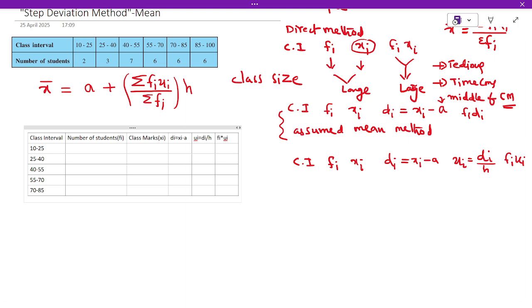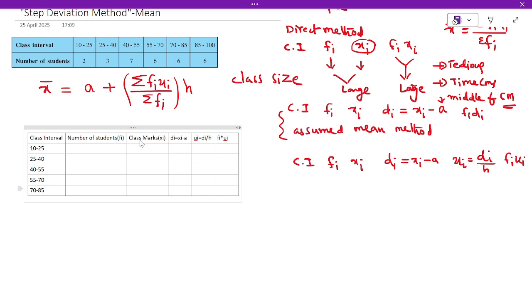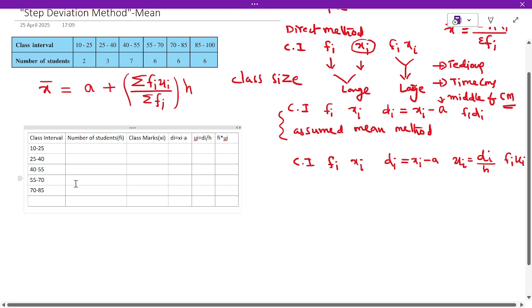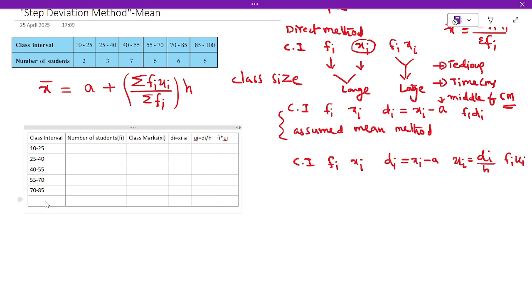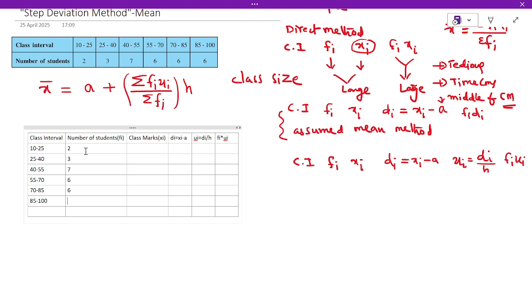Let me insert another row, because if you remember, we are taking the sum of the frequencies as well as the sum of the product of the last column. So here, 85 to 100. And these numbers are already given: 2, 3, 7, 6, 6, 6.